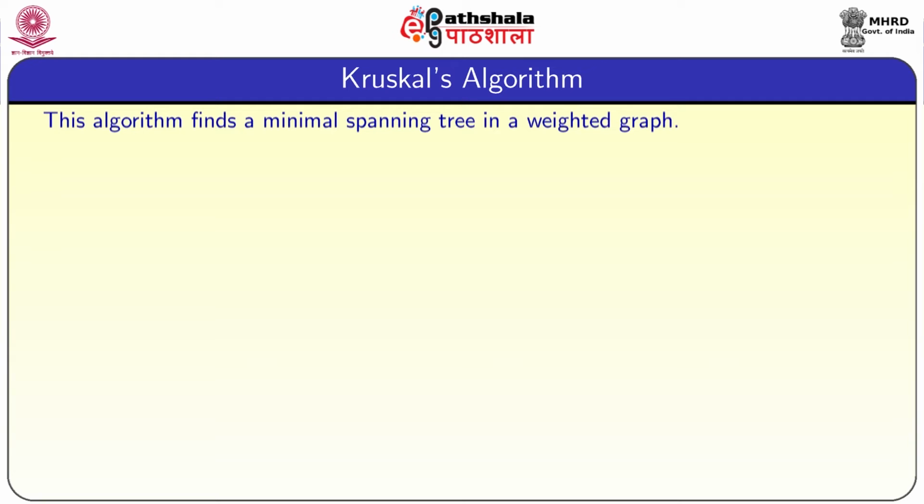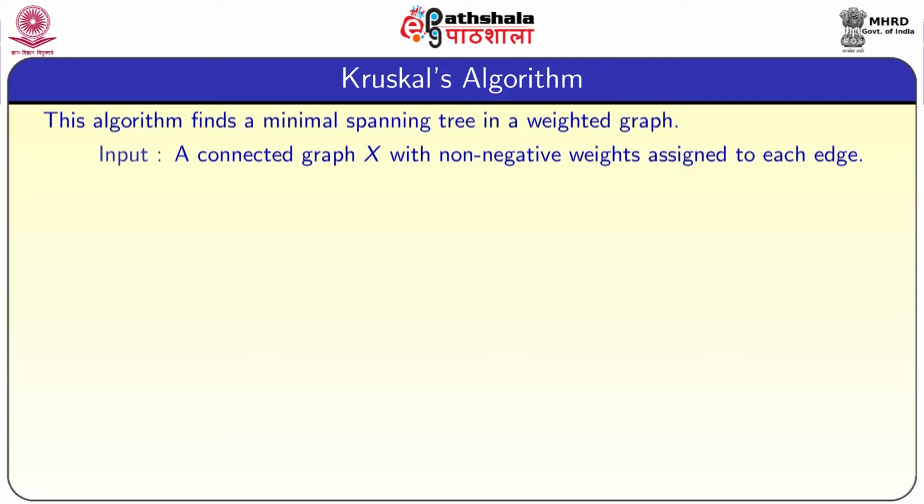What is the input we have to have? The input is a connected graph with non-negative weights assigned to each edge. This is important. We are giving non-negative weights. And the output is a minimal spanning tree of X, not just a spanning tree, but a minimal spanning tree.